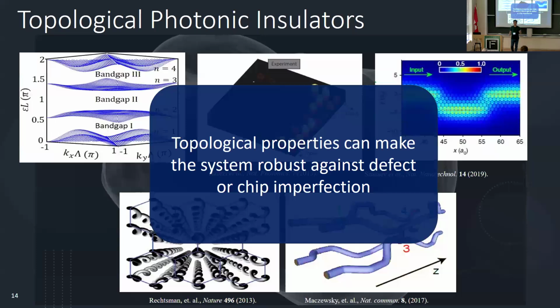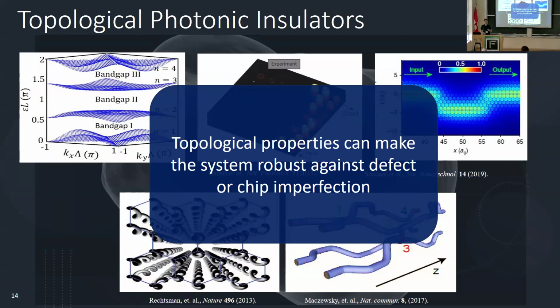Cracks, dust, fabrication imperfections, all of them can affect the performance of your chip. How can you resolve that? One of the properties of topological systems is that they are robust against some sort of defects in the chip. If you build a photonic system and you have a crack, most probably the light doesn't see the crack. It can just pass over, and you still have very good efficiency in the system.